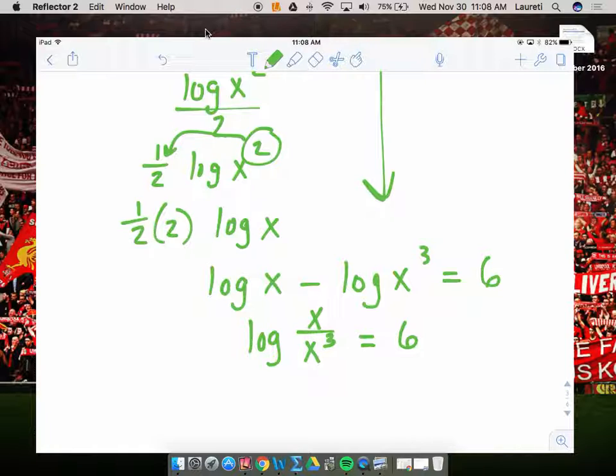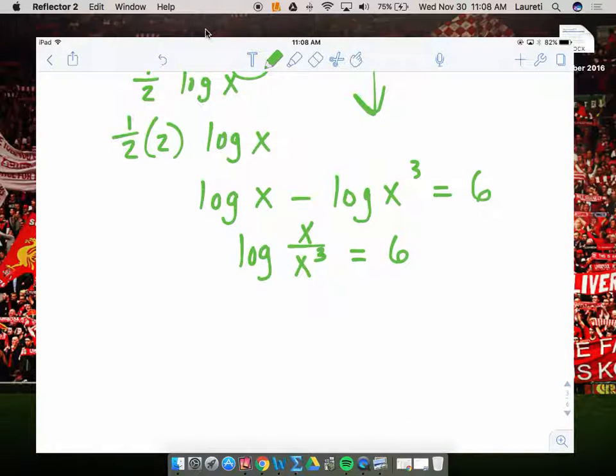All right, so to get rid of the log, what am I going to raise on both sides? 10, right? So x over x to the third is going to give me 1 over x squared. And then if you raise both sides to 10, it gives you 10 to the 6. Now, I'm trying to figure out what x is, so I need to get rid of this fraction.